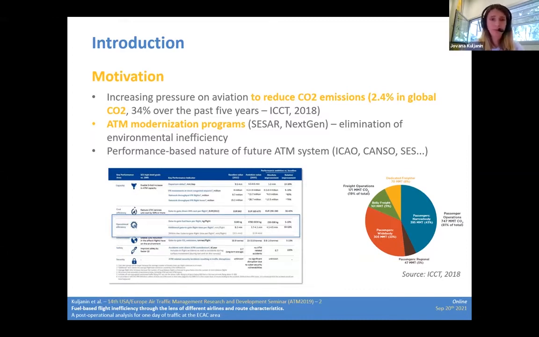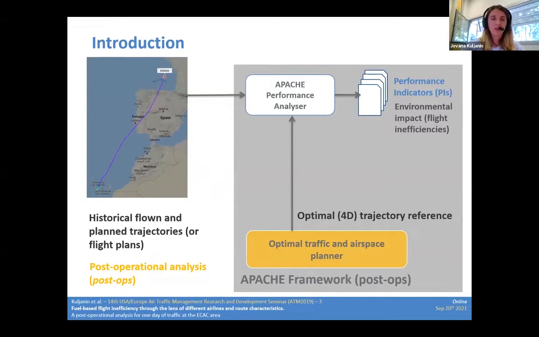However, for this purpose, we have plenty of performance-based frameworks provided by ICAO, CANSO, and the Single European Sky, containing a large number of performance indicators aimed at the assessment of this performance. However, this paper is based on the methodological framework proposed by the exploratory research project called APACHE within CESAR.